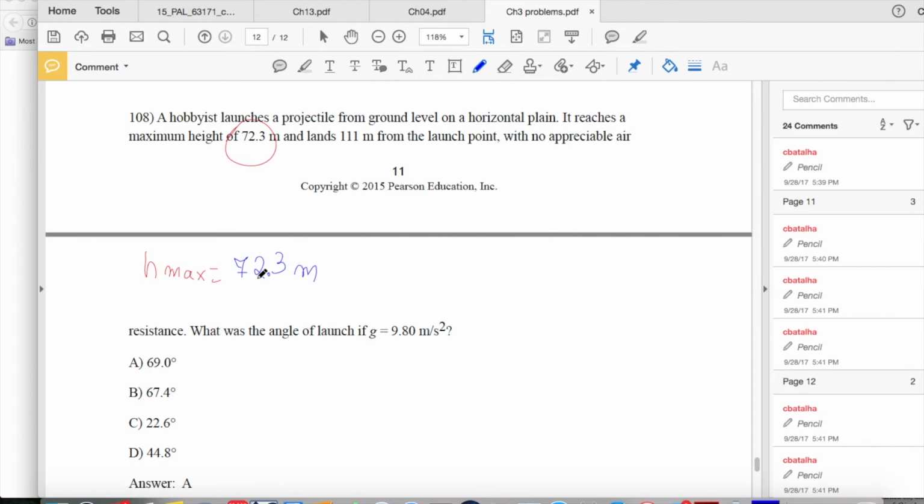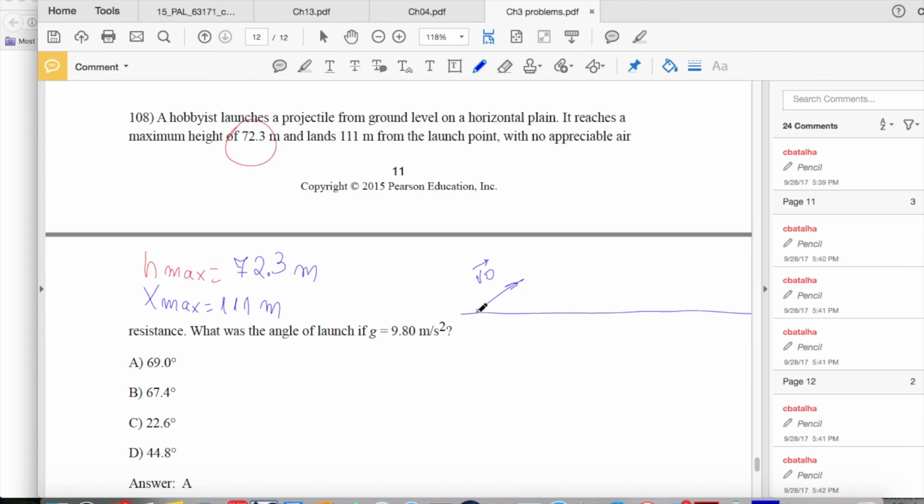And then it lands, x max is 111 meters. So if we were to sketch this situation, this is the point where the projectile is launched, right? It has an initial velocity. We don't know what it is. It's not given.